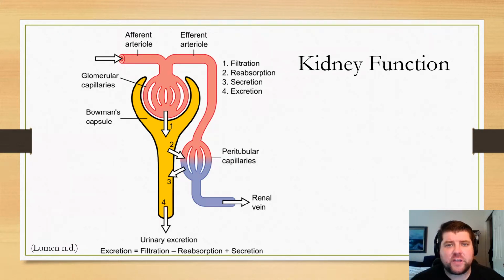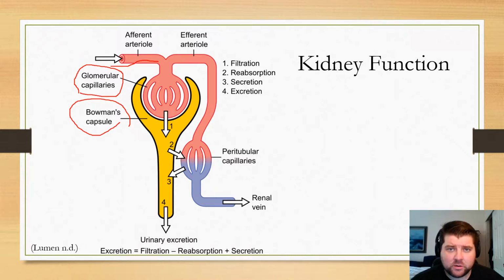So here we have a good diagram of kidney function. Now, there's two parts to the glomerulus. We have the Bowman's capsule, and that's where the urine is excreted out into, and we have the glomerular capillaries, and that's for the blood. And you can see the blood comes in to the afferent arterioles.